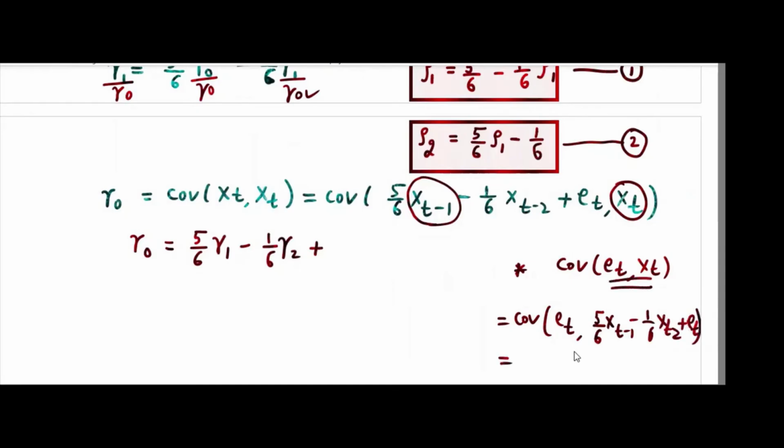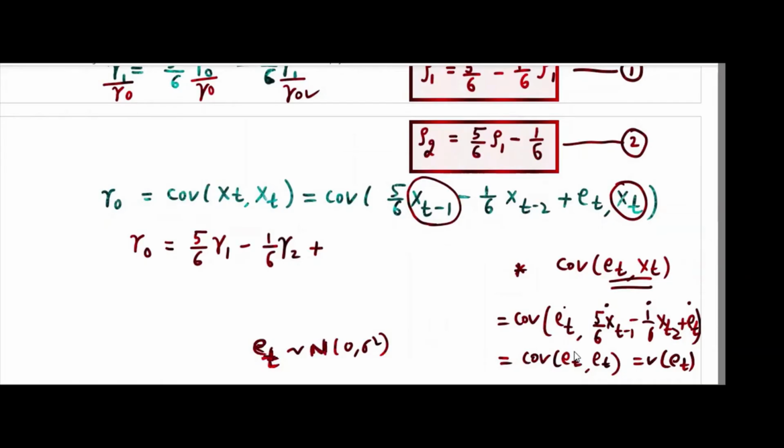If you see this, there is no link between this one and this one, but you will get something from here, covariance of e_t, that is variance of e_t. And remember here, the assumption e_t is always normal 0, sigma square. These are IID, they have mean 0 and constant variance sigma square.